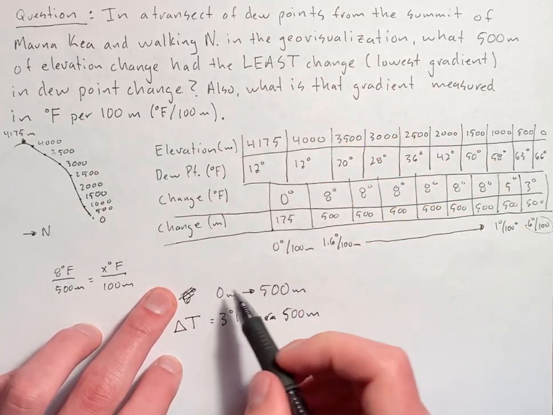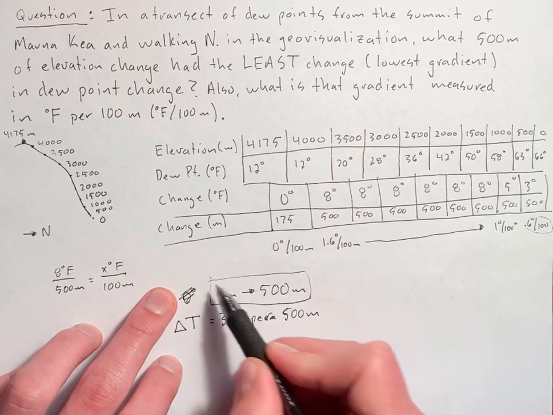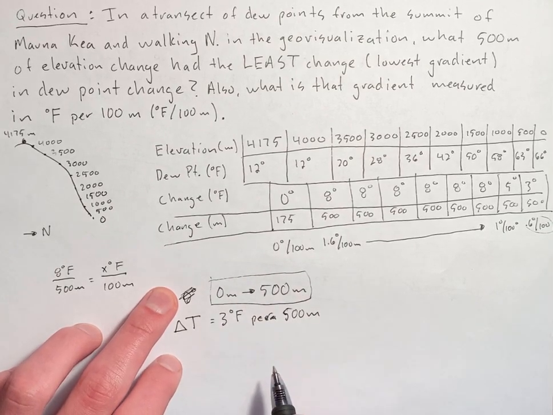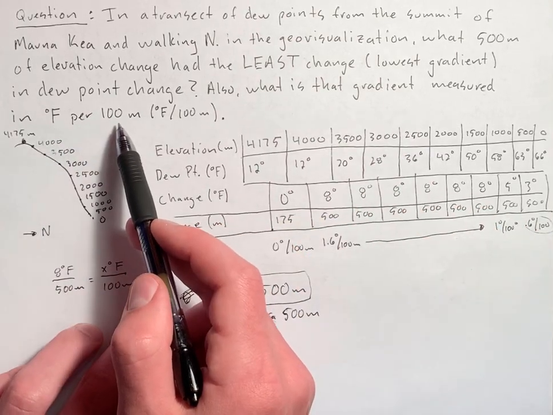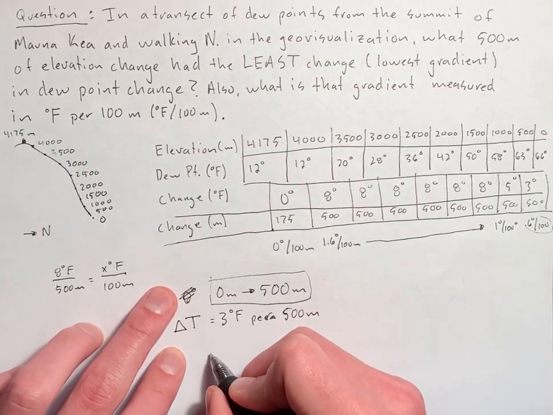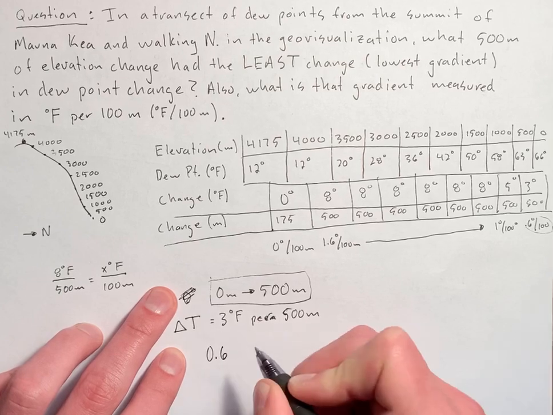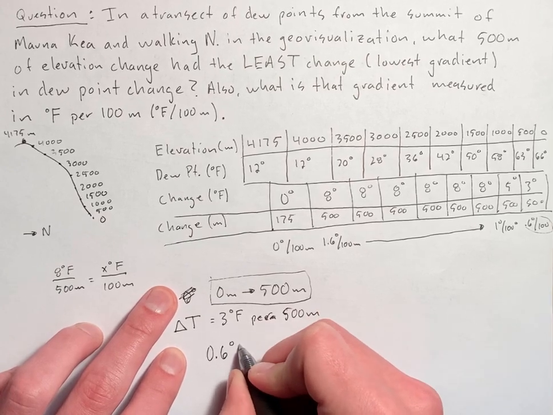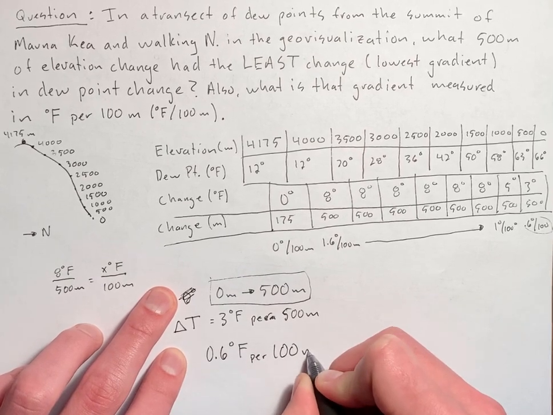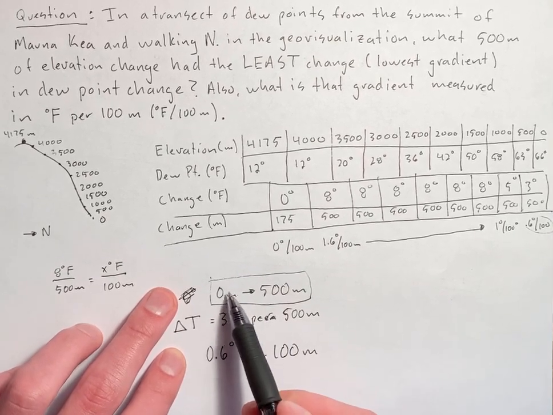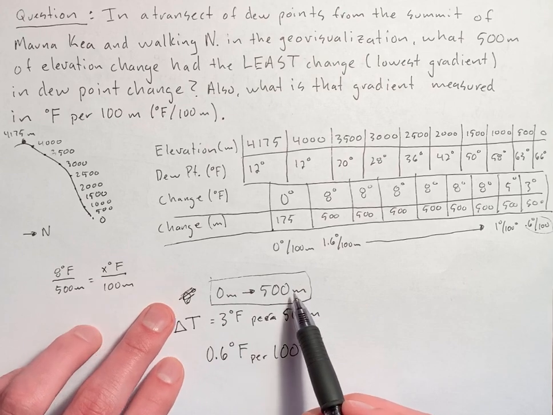So that's our least change, right here between 0 and 500 meters. And our gradient measured in degrees per 100 meters is 0.6 degrees Fahrenheit per 100 meters, which occurred between sea level and 500 meters.